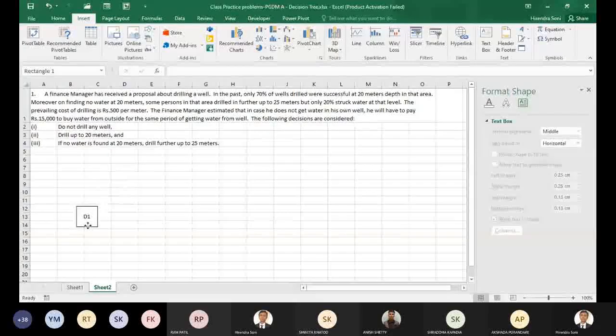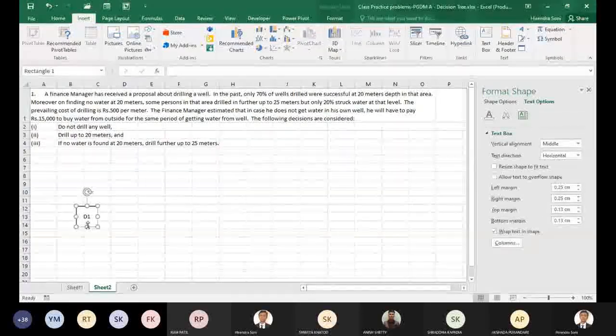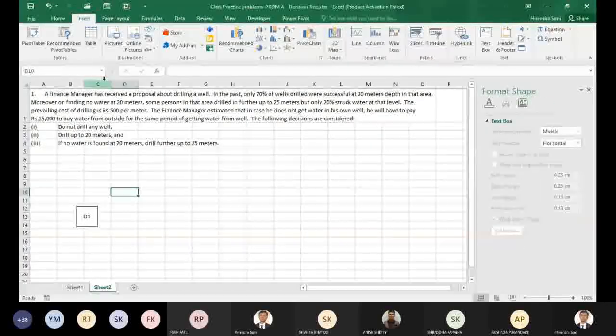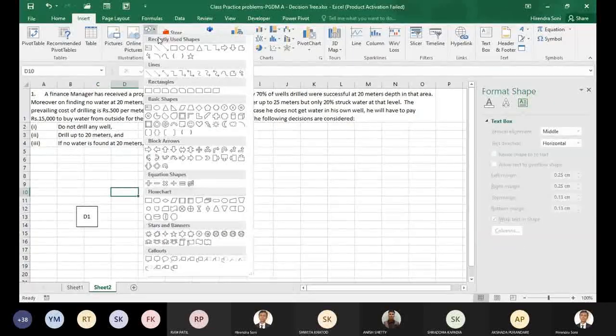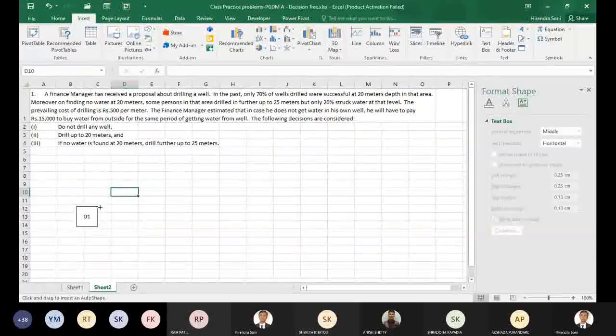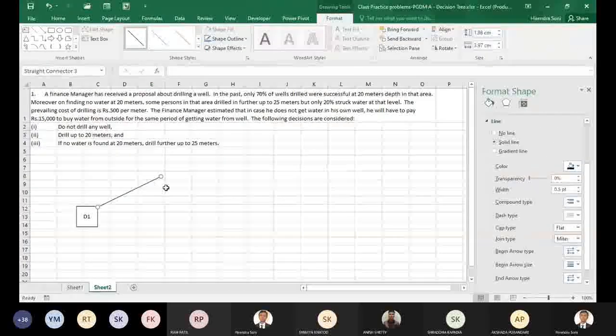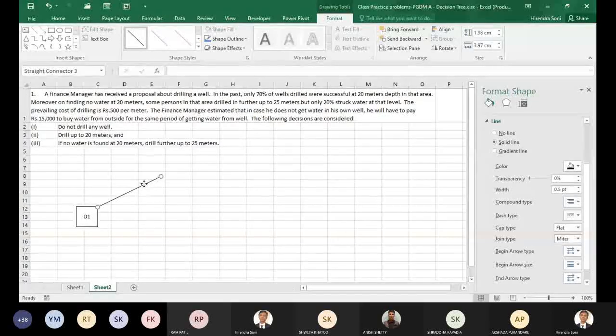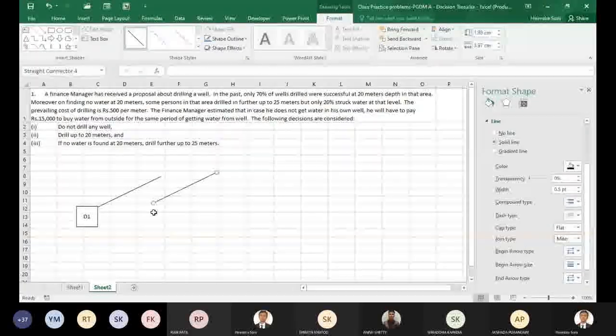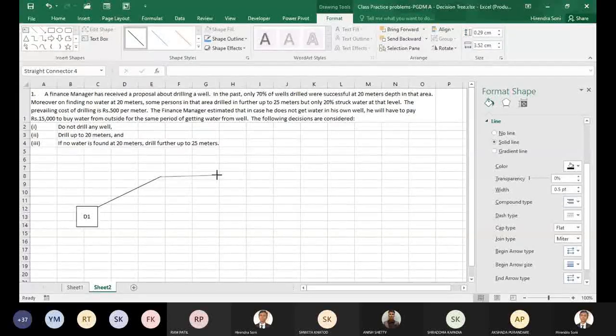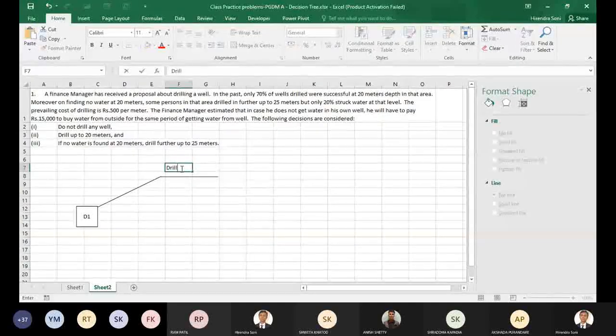Either I can take a decision in terms of... first decision point is drill up to 20 meters. Okay.